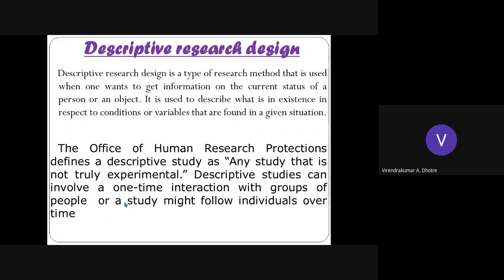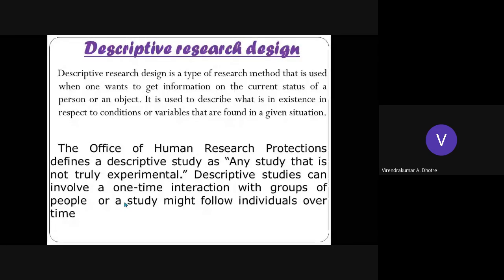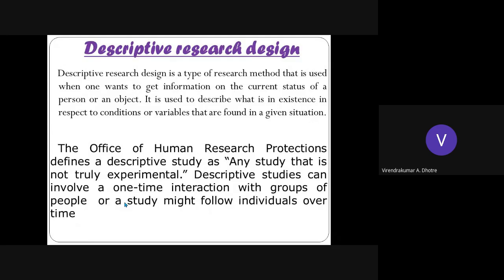The name descriptive itself tells you that we want clear, accurate and correct information, more information, on the current status of a particular object or subject or a specific person. So descriptive research design is used to describe what is in existence, with parallel conditions, or you can say related conditions and variables in that particular situation.